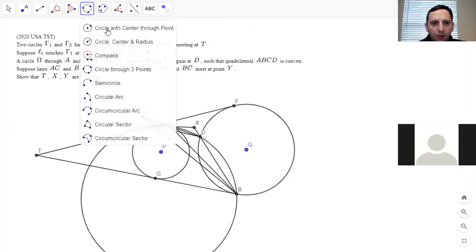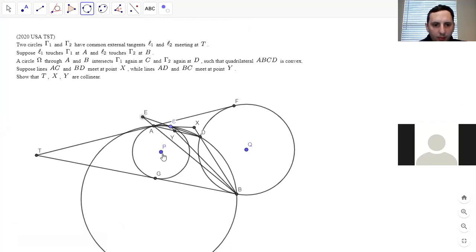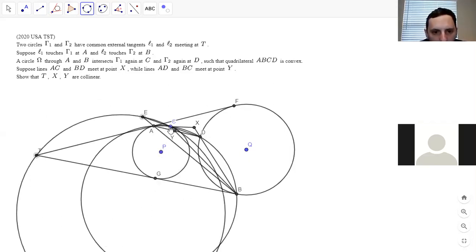I wonder if there's something special about point E. Maybe there's some cyclic quadrilateral or something. Let me get rid of point P. We'll take E, T. Does that pass through that point right there?